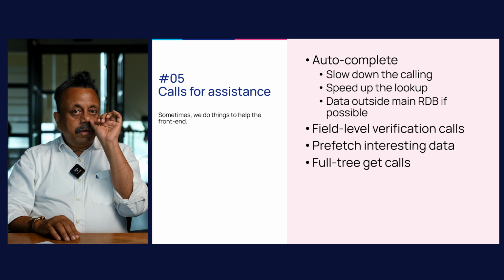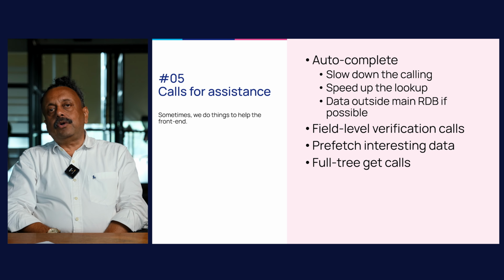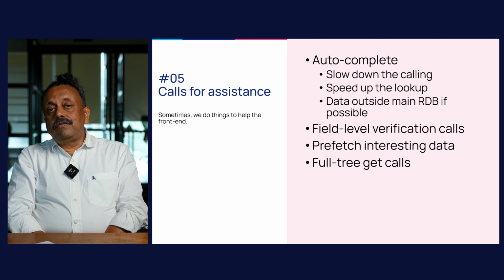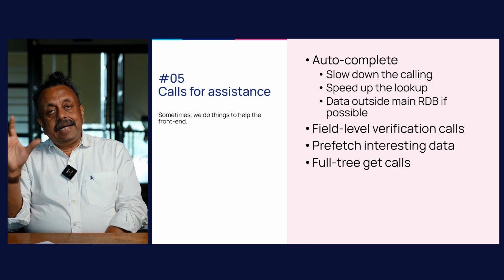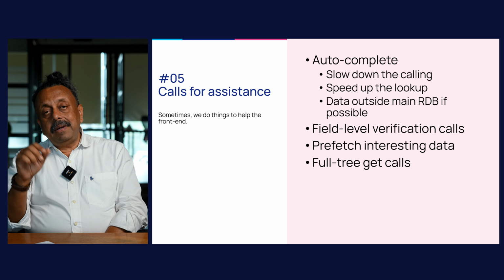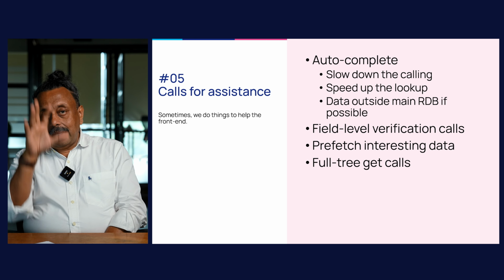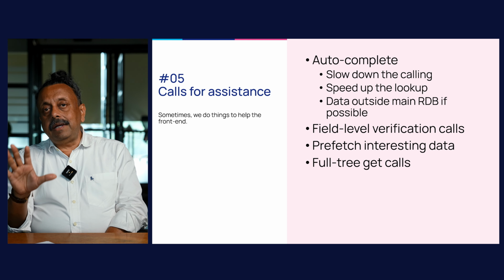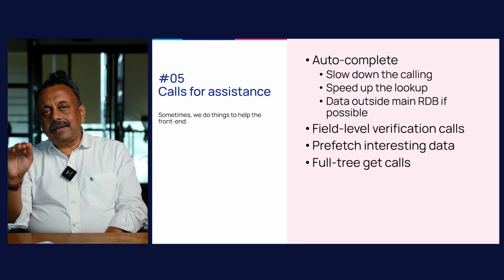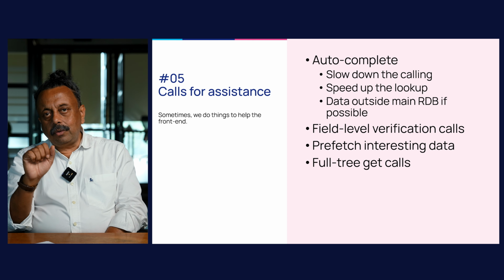Then you might need web services for what I call full tree get calls. What's a full tree get? Okay. A get gets you an object. Imagine a database schema where account details are in an account table. That table has only one record per account.